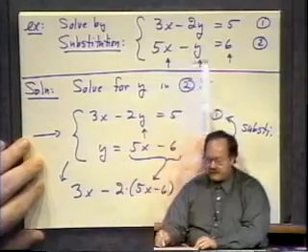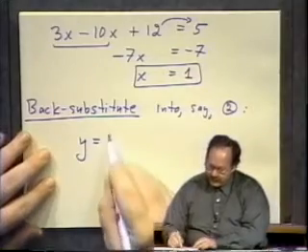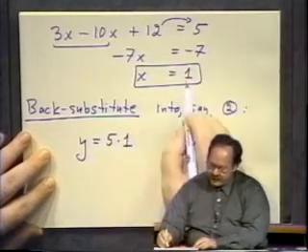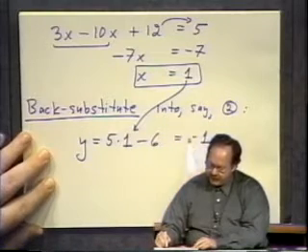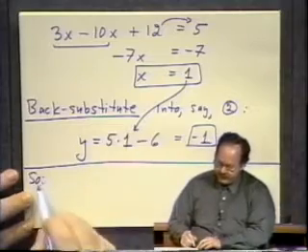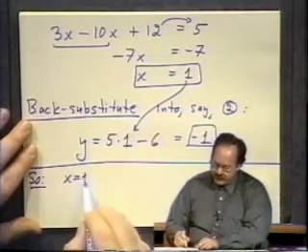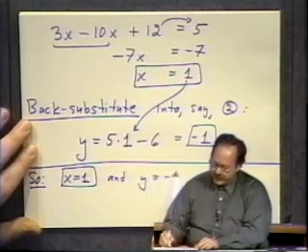I'm using this form instead of the original. That's my choice. And y then is equal to 5 times the x value, which is 1. Here's where the 1 comes in. Minus 6, and so that's minus 1. So pulling this all together, I have that x is equal to 1 and that y is equal to minus 1.